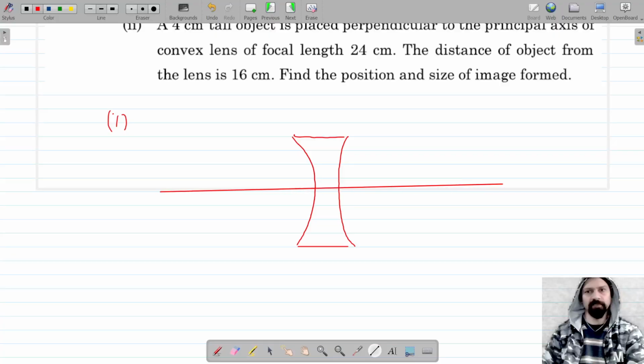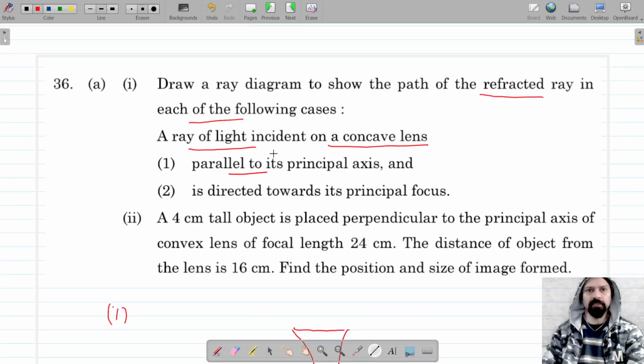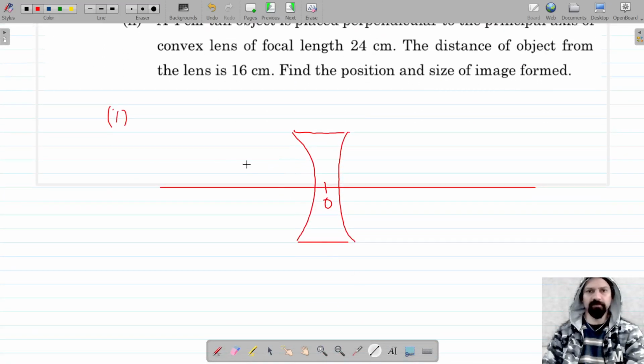Let this be the principal axis. This is the optical center.